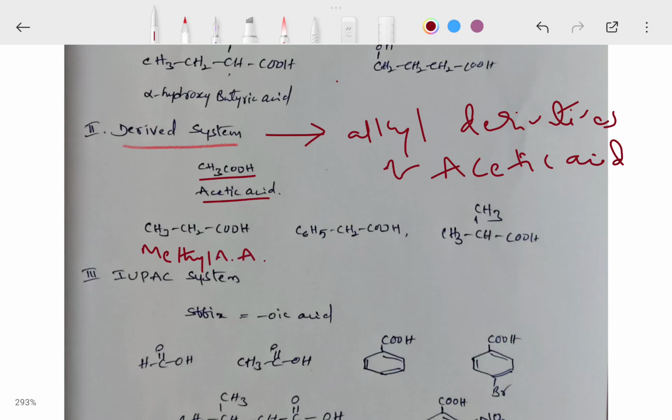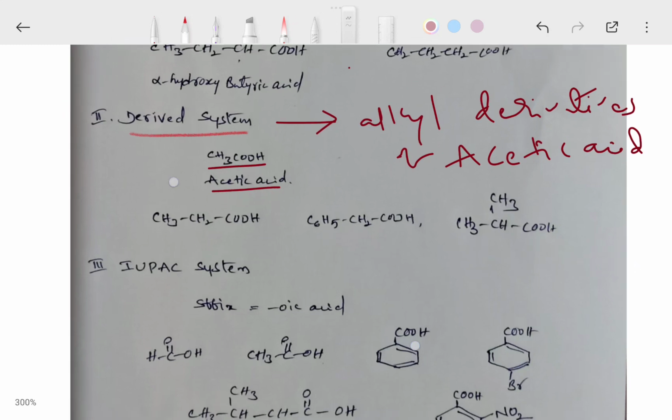For example, C6H5CH2COOH is called phenyl acetic acid. This compound is called dimethyl acetic acid. This is the second method.